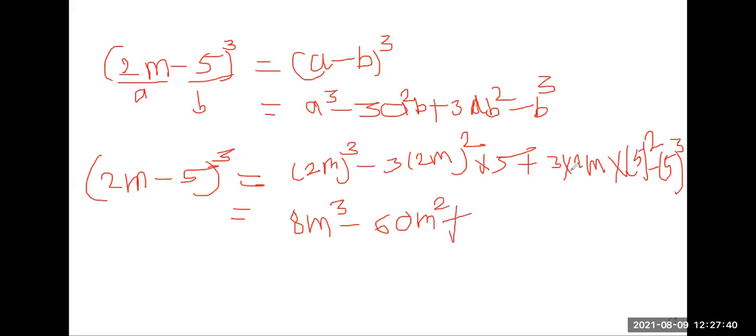Plus here 5 square is 25. 25 into 2 is 50. 50 into 3 is 150, so we get 150m. And we should know the cube of 5, so it is 125. Got it everyone, how to solve it?